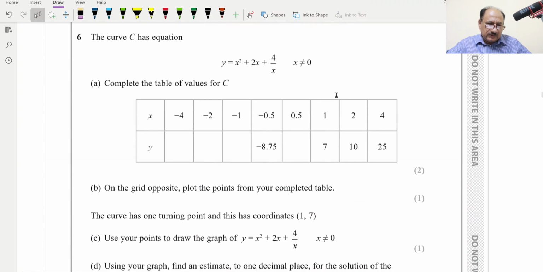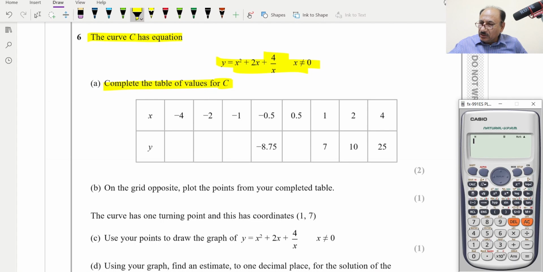Question number 6 says the curve C has this equation, and complete the table of values for C. For the table of values, we are taking help from the calculator wherever allowed and it's legal. We can use the calculator also for our convenience and for avoiding any mistakes.